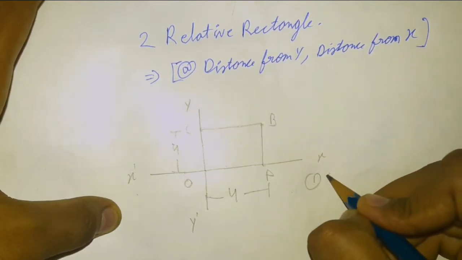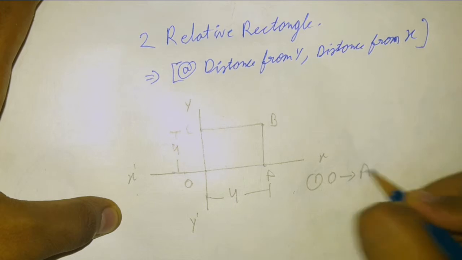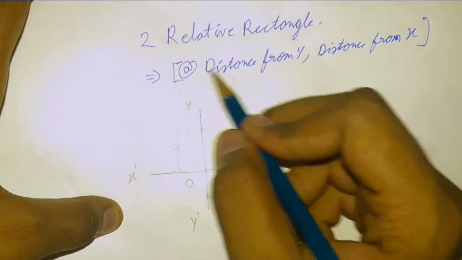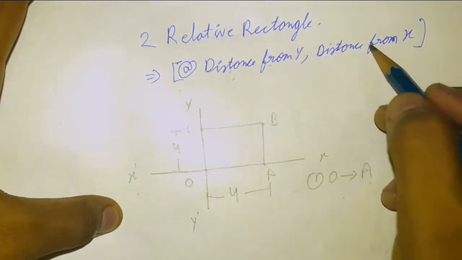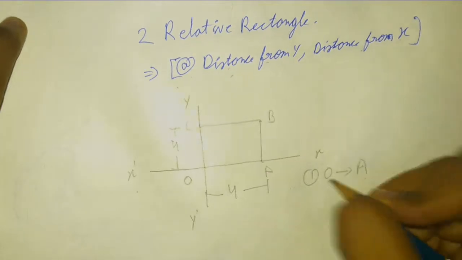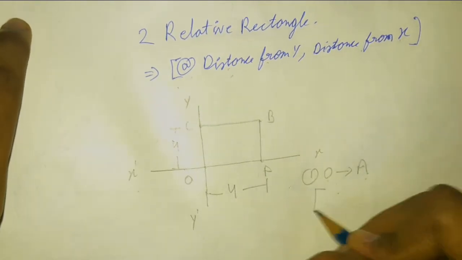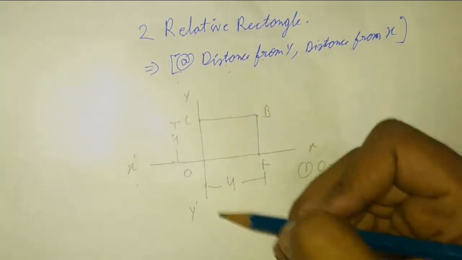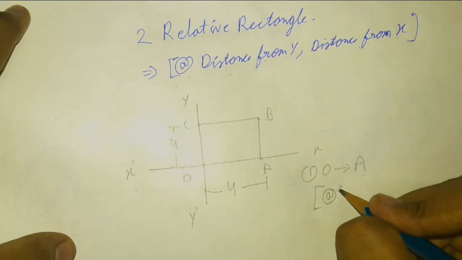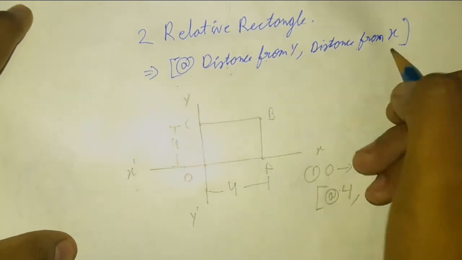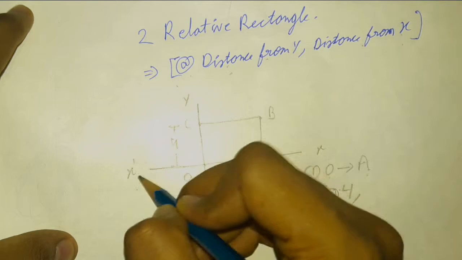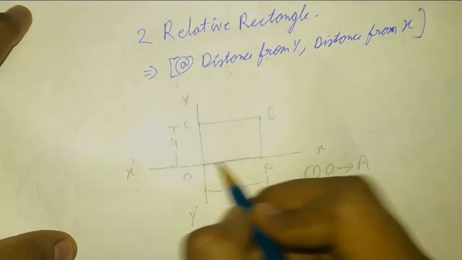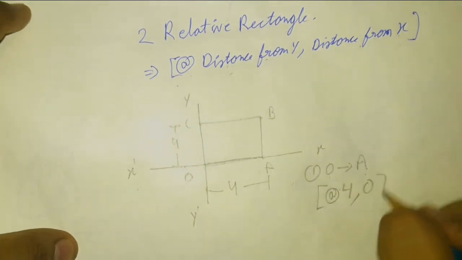First is our O to A. To find the distance, remember the formula @ distance from the y-axis, comma, distance from the x-axis. For O to A, the distance from the y-axis is 4. Distance from the x-axis is our 0. For this line, the distance from x-axis is 0.